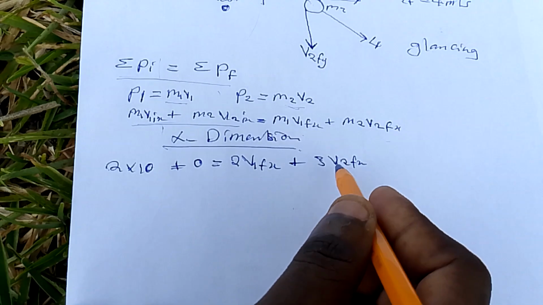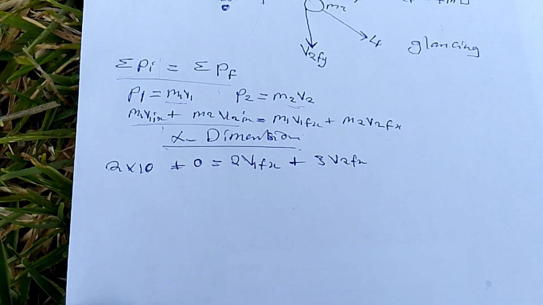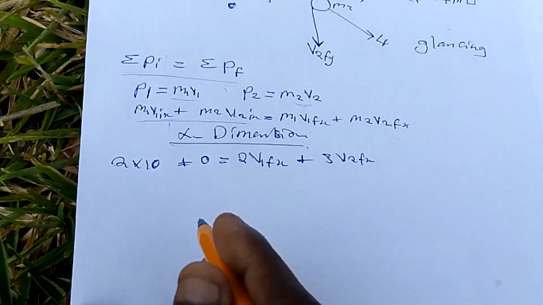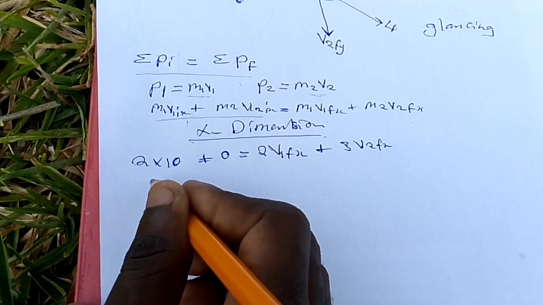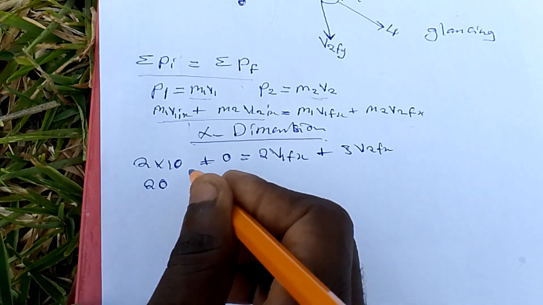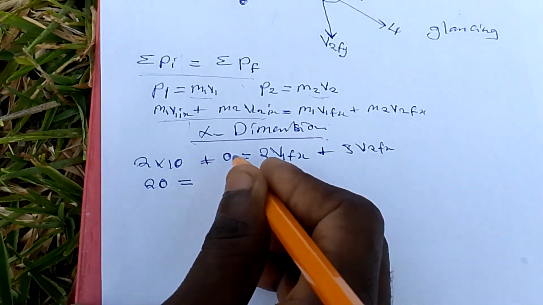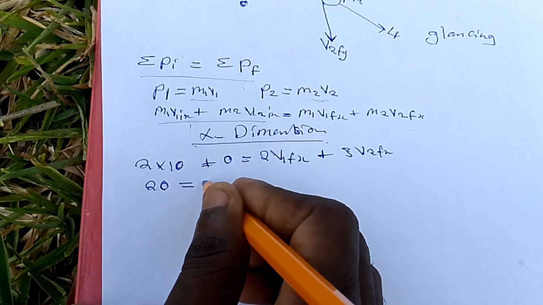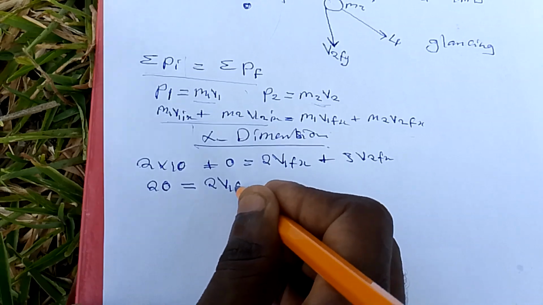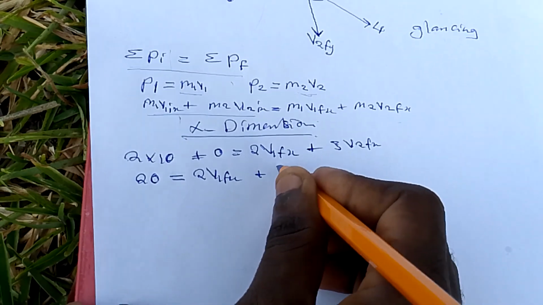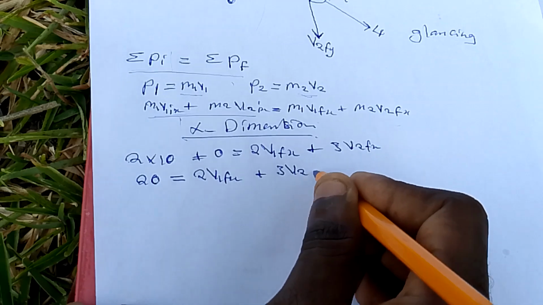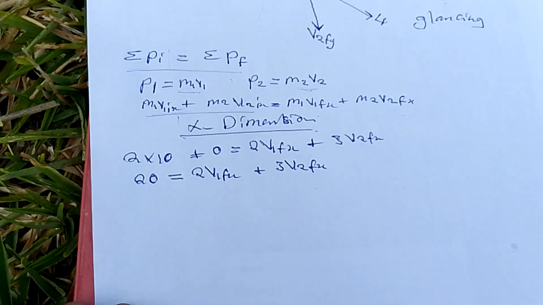Remember, we need to know what v2 is and what v1 is. Now we can simplify things here. We have 2 times 10, which is 20, plus 0, which is just 20, equals 2 v1 final x plus 3 v2 final x.